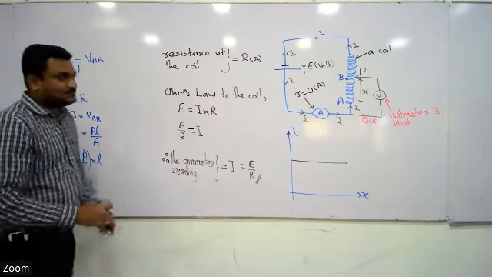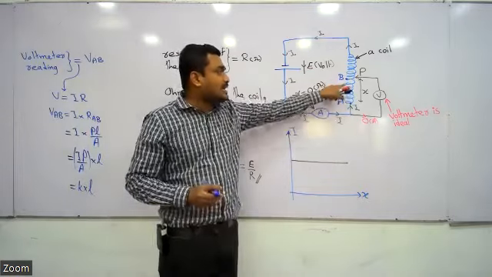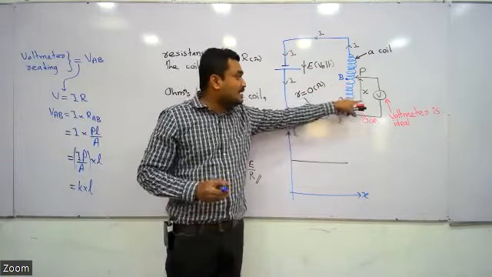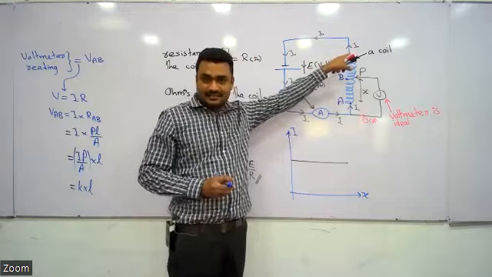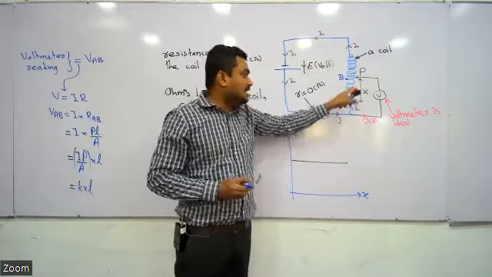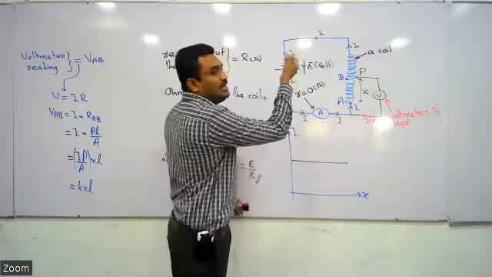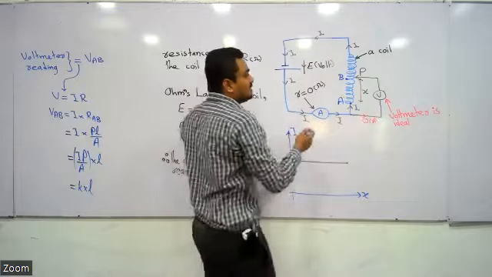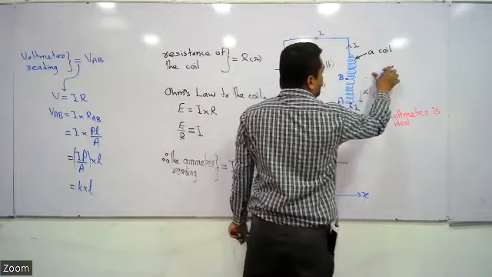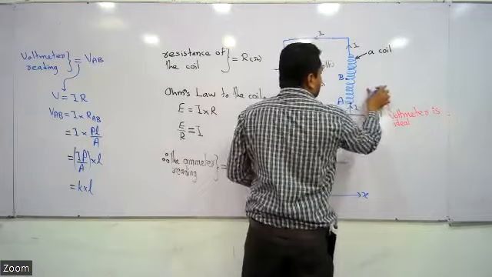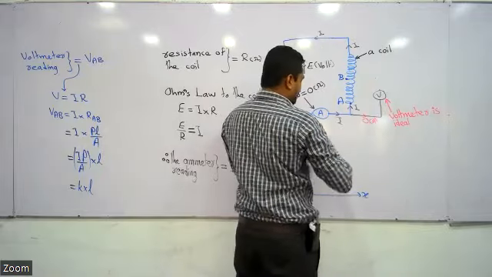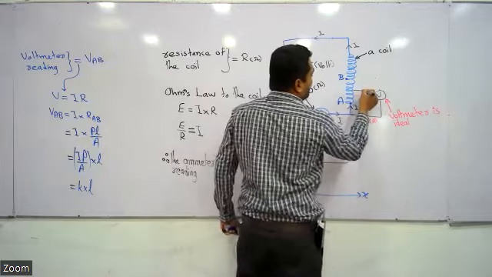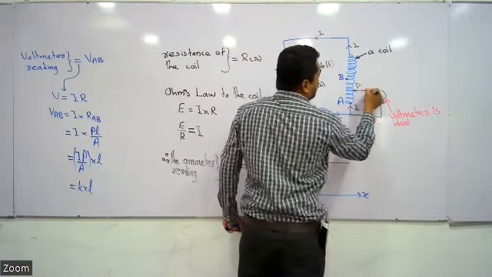The length of the wire in between A and B is increased when X is increased. X is larger means the length of the wire in between A and B is larger. X is smaller means you can keep the contactor here. How do you reduce the length? Just keep the contact B here.